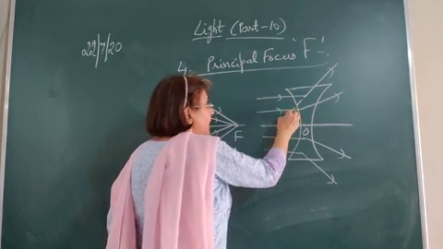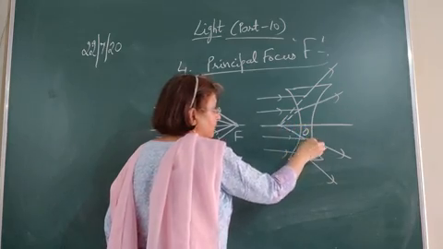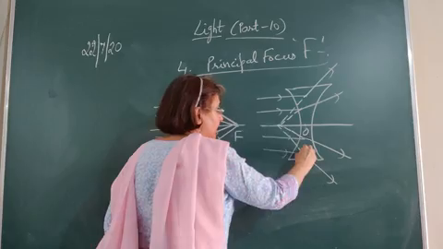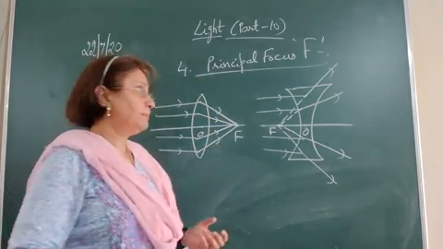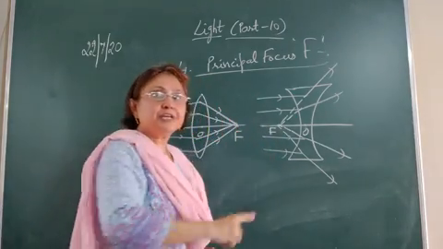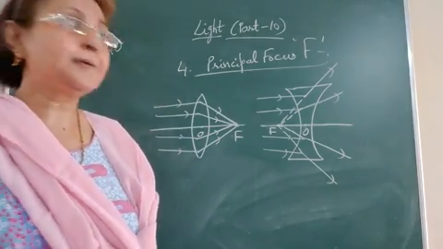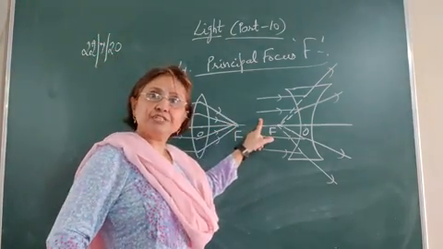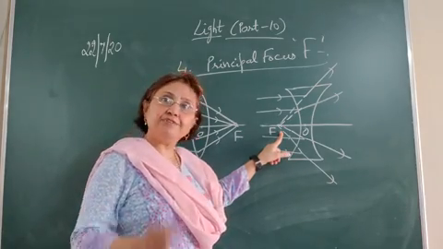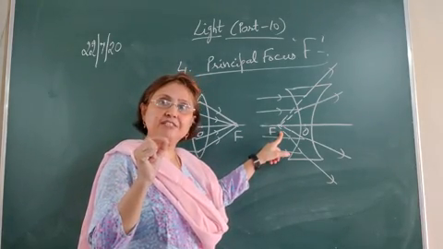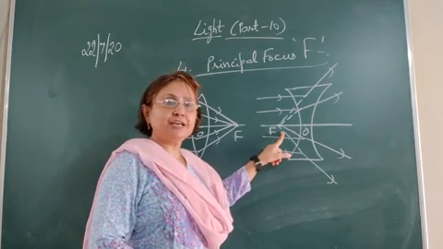When extended backwards, they all appear to come from a point on the principal axis. This point is called the principal focus of concave lens. So a parallel beam of incident light after refraction appears to diverge from a point on the principal axis.